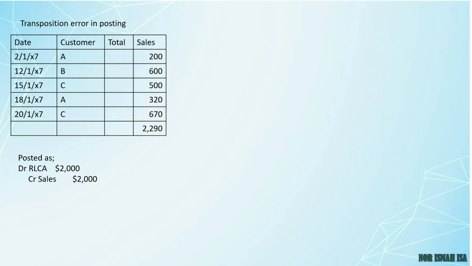Since the amount posted to the receivable ledger control account is less, the adjustment should be a debit. We increase the amount back by 290, so we debit the receivable ledger control account and credit sales.